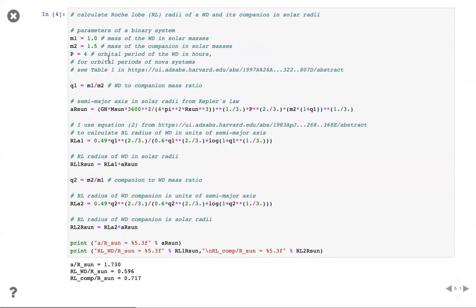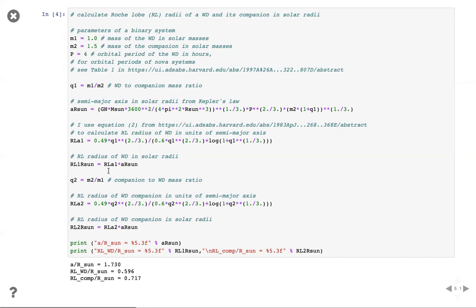P equals 4 is the orbital period of the binary in hours. Classical nova binary systems actually have relatively short orbital periods of several hours, so in this case I use 4 hours.